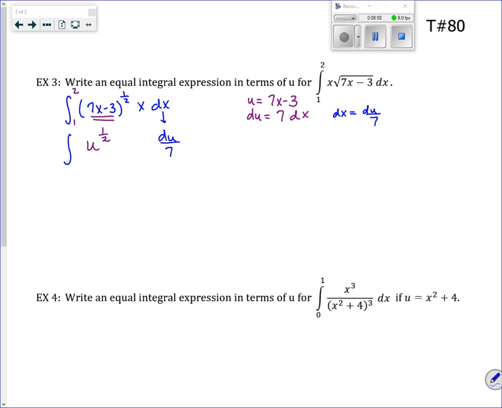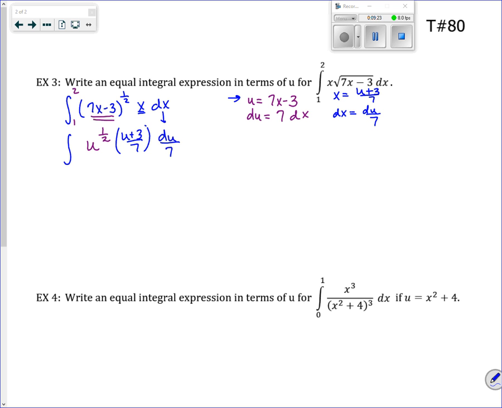I'm just doing it in steps. But this x I haven't replaced. There's no way for me to do that. That's when I have to look at this equation and say, well, if I solve for x, that would be u plus 3 over 7. So let me replace that with u plus 3 over 7. And there are my three things.